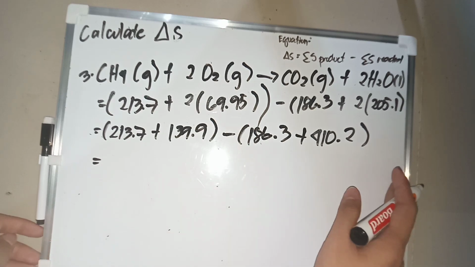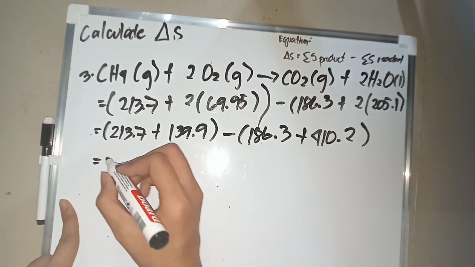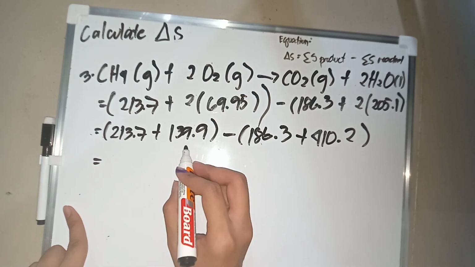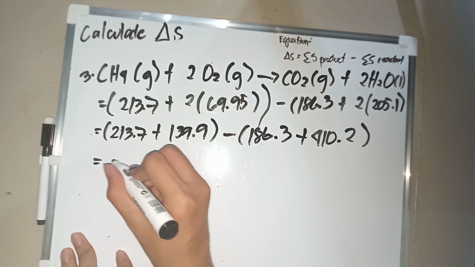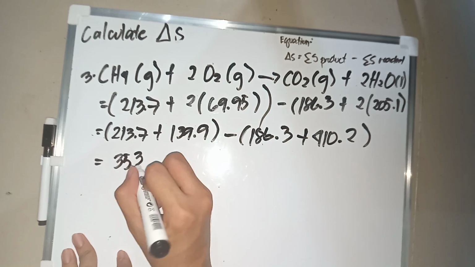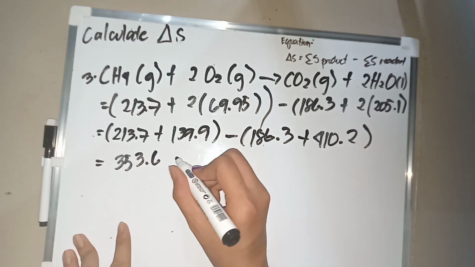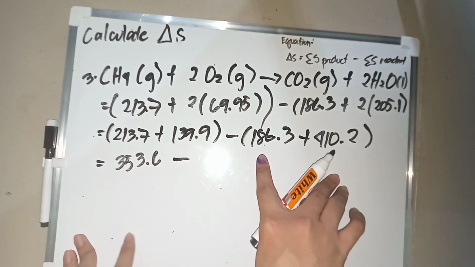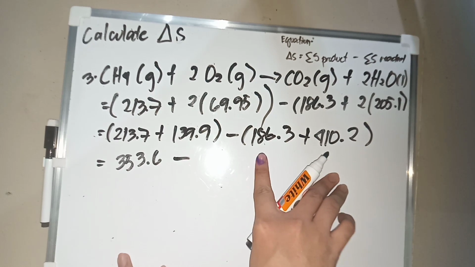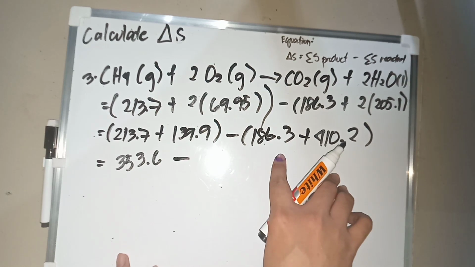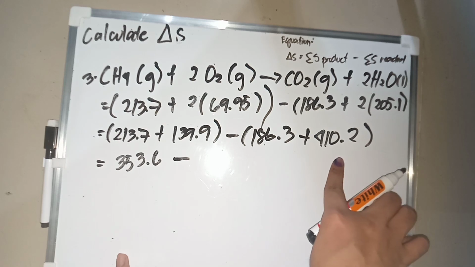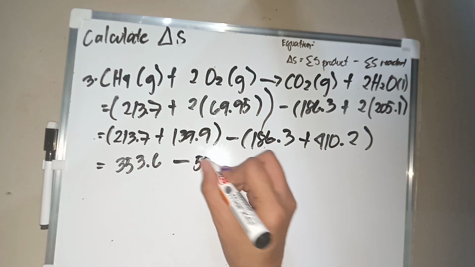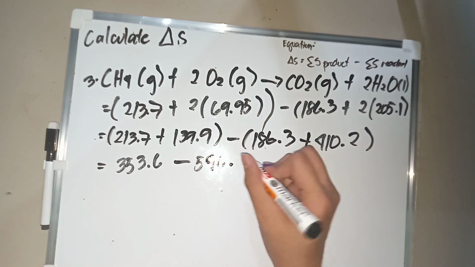So now we're gonna add and close the parentheses. 213.7 plus 139.9 is equal to 353.6, minus 186.3 plus 410.2 is equal to 596.5.